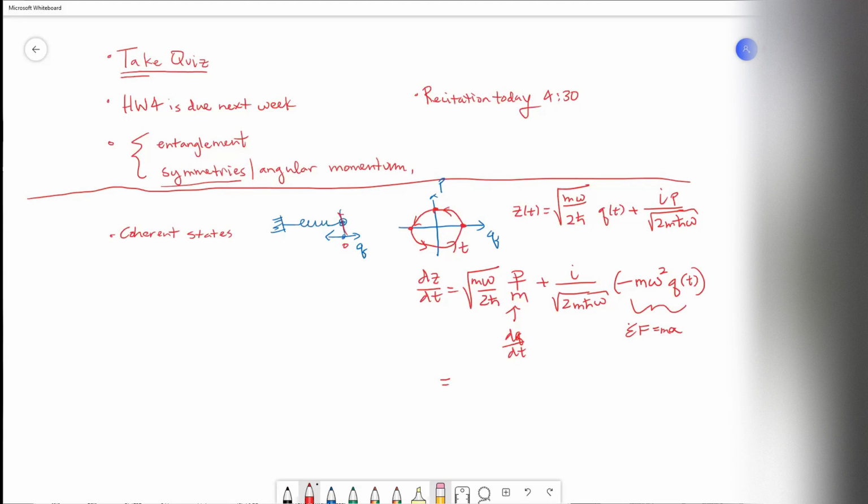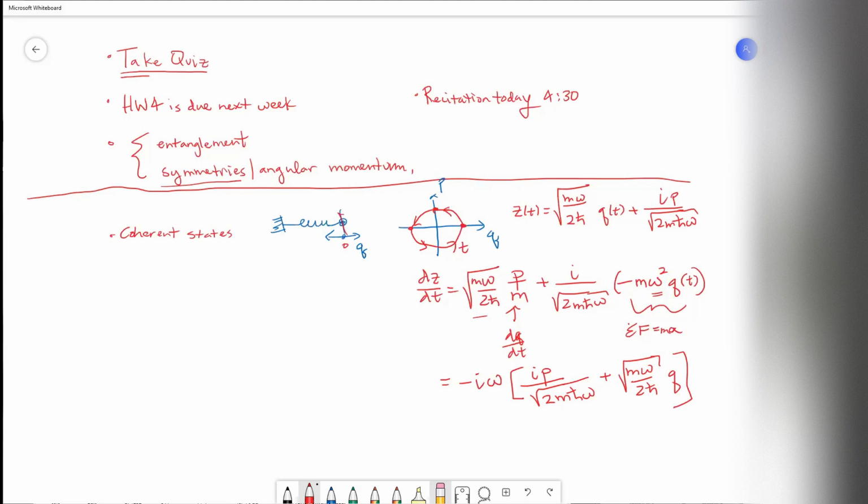You can factor out one factor of omega, and what you get is minus i omega, and then the rest of the stuff that's left over is going to be just Z. If you factor out a minus i, then over here you'll get an ip over square root of 2 h bar omega from this first term, and then over here you'll get a plus square root of m omega over 2 h bar q from this term.